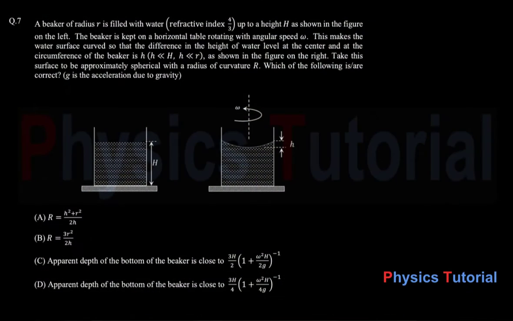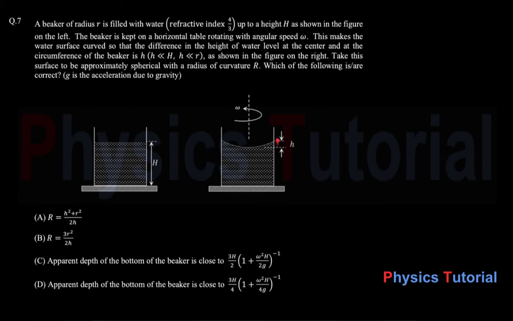In this question number 7, a beaker of radius r is filled with water of refractive index 4/3 up to height H, as shown in the figure on the left. The beaker is kept on a horizontal table rotating with angular speed omega. Here you can see the second figure. This makes the water surface curved so that the difference in the height of the water level at the center and at the circumference of the beaker is h.